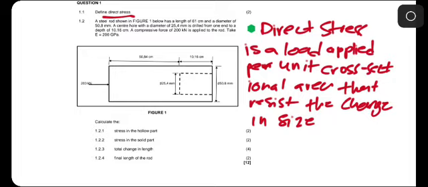All right. So we're given 1.2, read as follows. A steel rod shown in figure 1 below has a length of 61 and a diameter of 50.8.